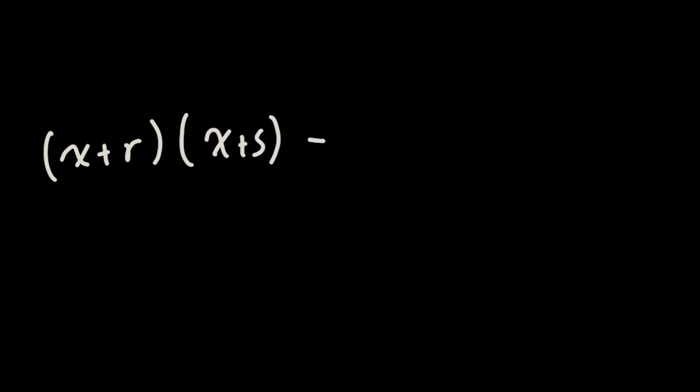To factor a trinomial, we know that (x + r) multiplied by (x + s) equals x² + (r + s)x + r·s.